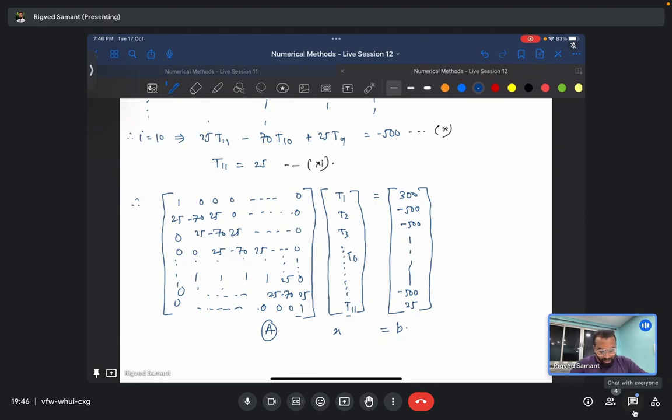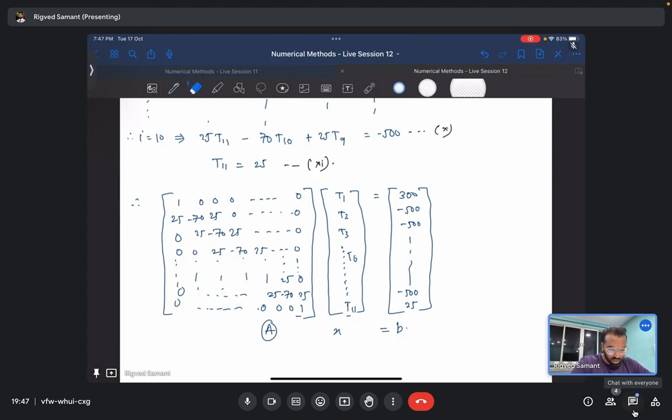So this is a tridiagonal matrix. These are all 0, upper 0, lower 0, with 3 diagonals. So there is the tridiagonal matrix algorithm that we saw at the end of module 1. We will deploy TDMA, the tridiagonal matrix algorithm, also known as the Thomas algorithm, to get the values.